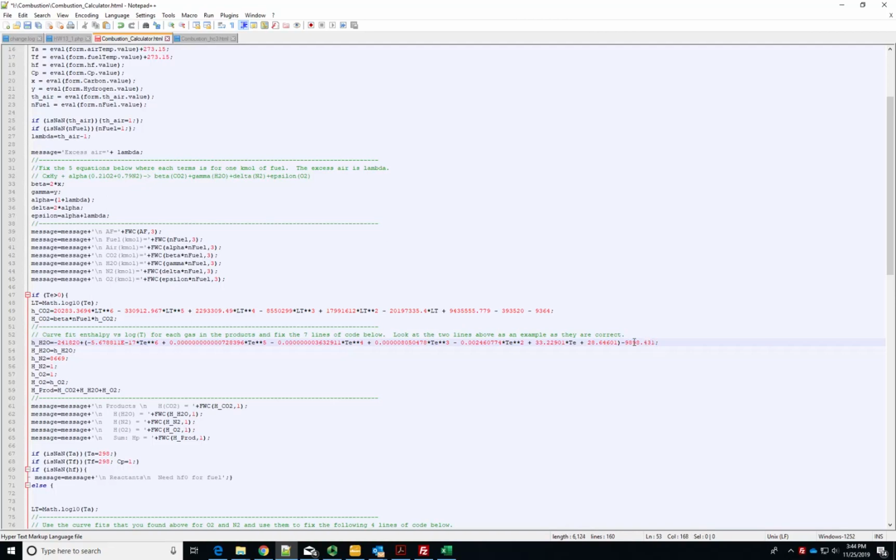That way at the temperature of 298, I'll get exactly that same value, and I'll just get the enthalpy of formation. So that's how I did this other one. The only difference is this one I actually used the log of a temperature. So I'm going to take that line out for now.